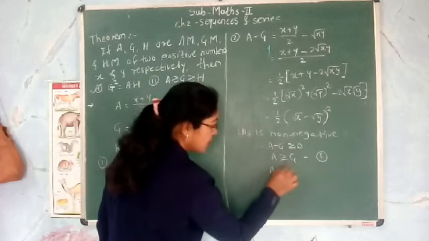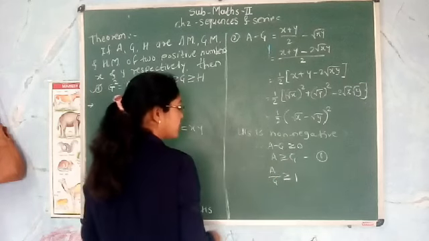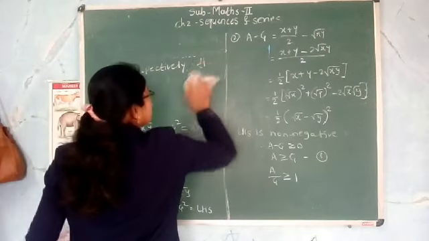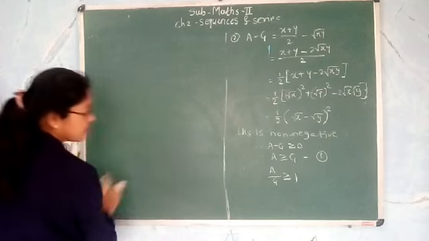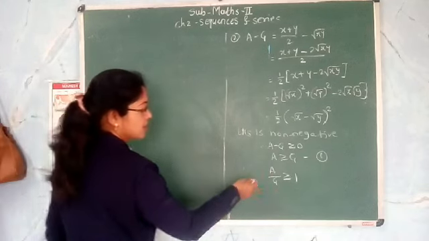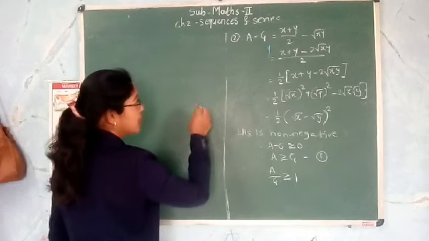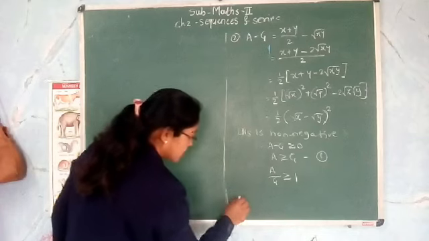This can be written as a by g is greater than or equal to 1. Now a is greater than or equal to g, we have shown. Now we have to show that g is greater than or equal to h.